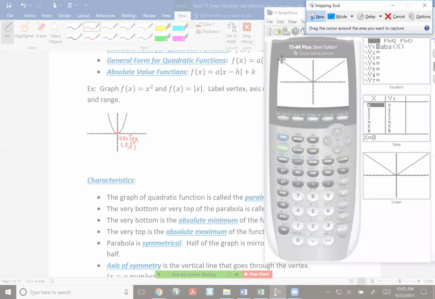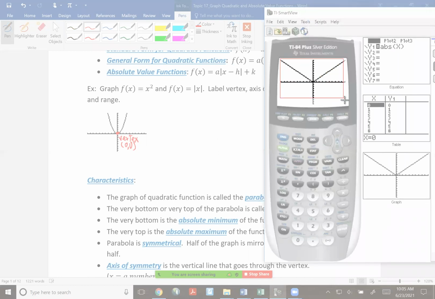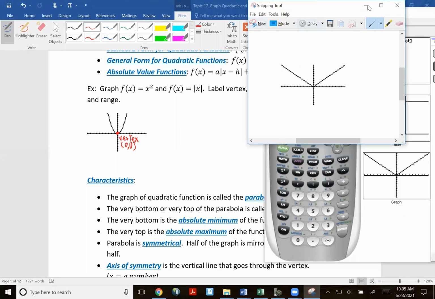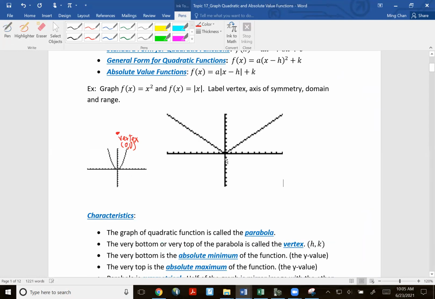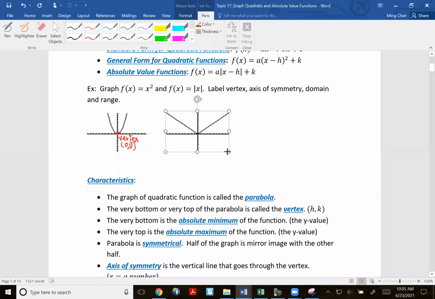A parabola is a U, an absolute value function is a V. The most basic absolute value function is absolute value of x, just a V, and the vertex is located at the origin, the very bottom.